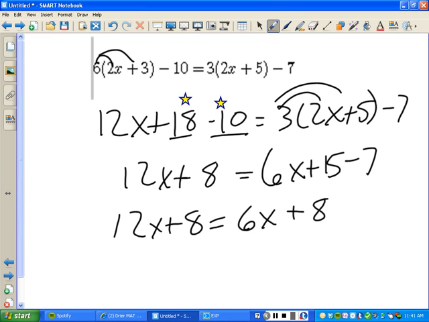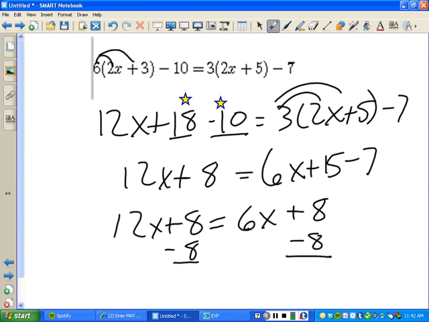Okay. Now, here's what I know. If you are one of those people who move the constants first and you subtract 8 from both sides, you have all of a sudden found yourself in a really, really bad spot.